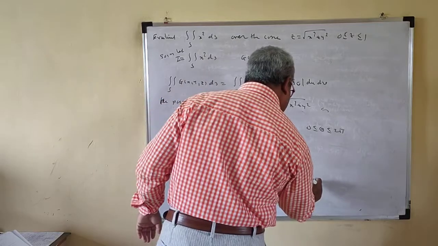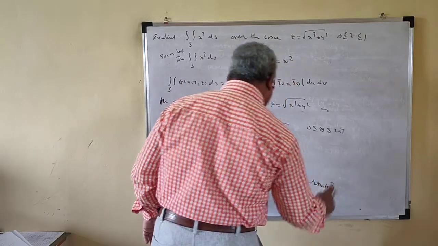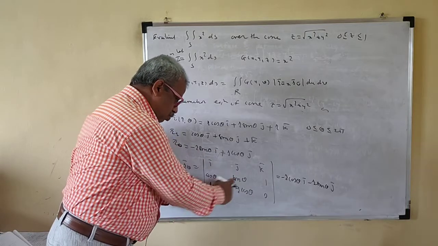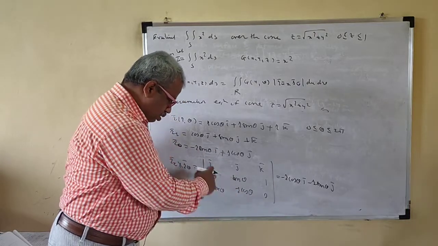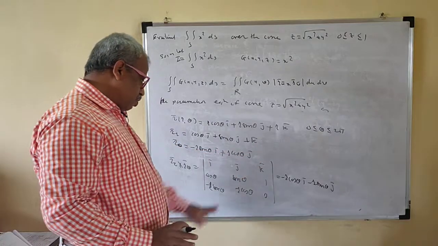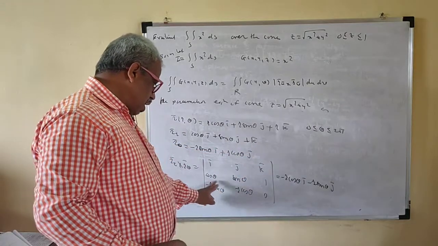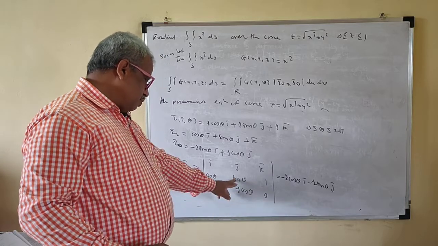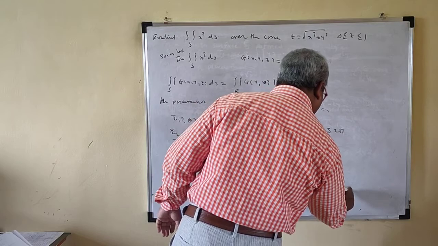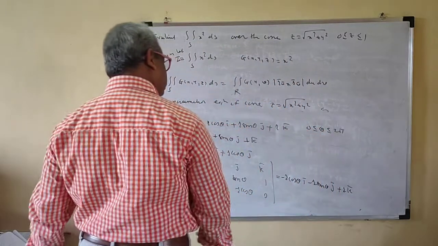Okay, so minus r sin theta j bar, because we have to take the minus j bar into this block. The value of this determinant is r sin theta, but for minus j bar, so this becomes minus. For k bar, this is r cos square theta plus r sin square theta, so this is r k bar plus r k bar.